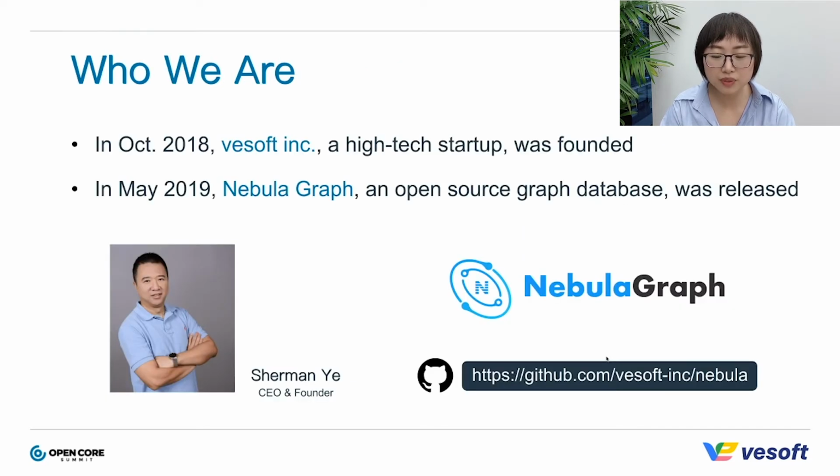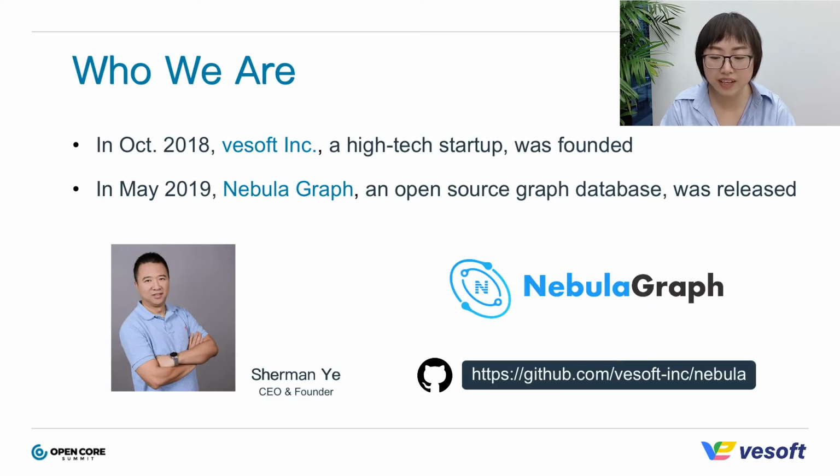To help contribute to the growth and development of graph databases, Resoft was established in 2018. Our CEO and founder, Sherman, has more than 10 years of experience in graph database development. He designed and led development of the distributed graph index engine at Facebook, and then headed the graph computing and storage division at Ant Financial.